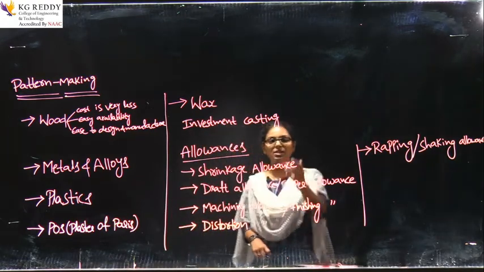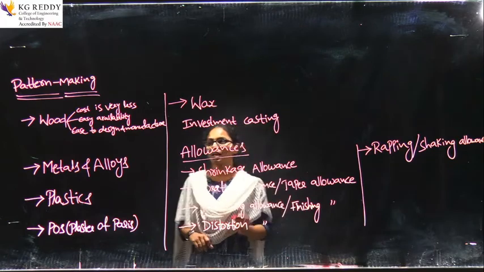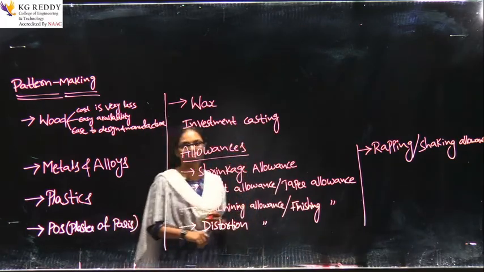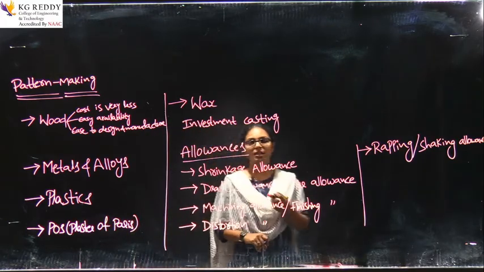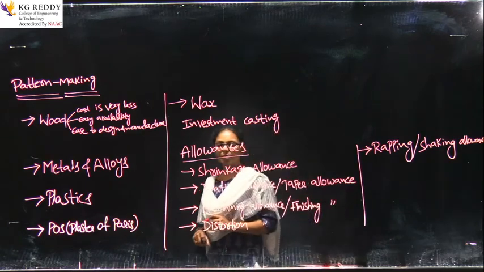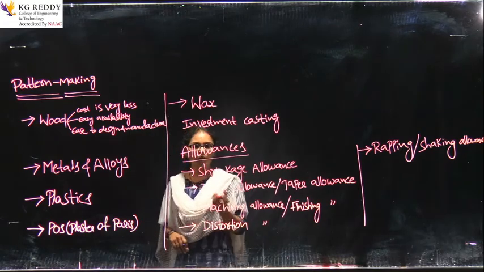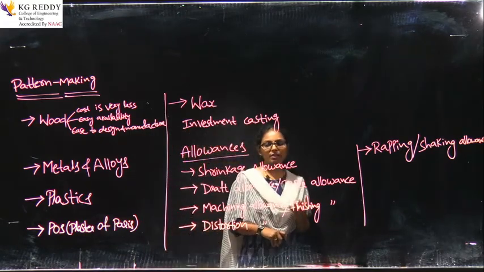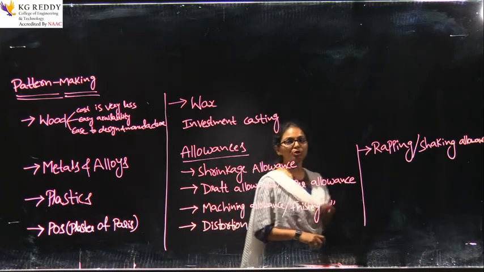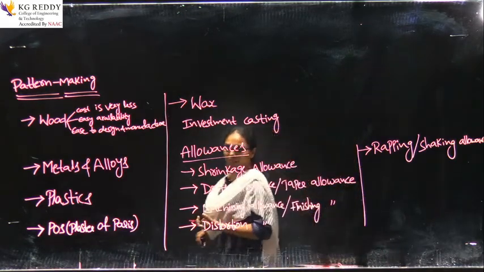So, the first one is shrinkage allowance. For example, here we are using metal as a pattern. We can consider any other material. Here I am assuming I am going to use metal as a pattern material. So, we are discussing shrinkage allowance. All materials or any metal will shrink, but the amount of shrinkage will be different based on the type of material.